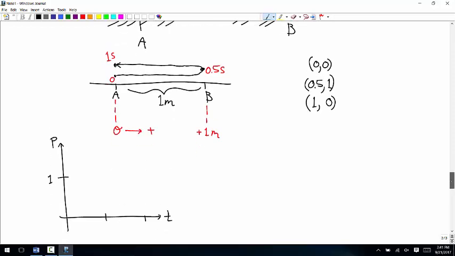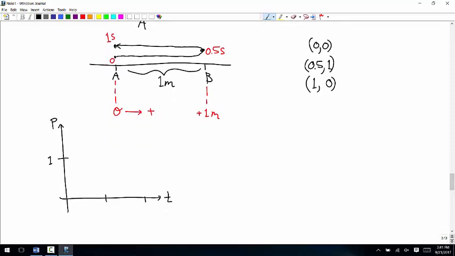So the points are 0, 0. 0.5 seconds, 1. And then 1, 0. Something like that, or you can round it off. Any questions about that one?